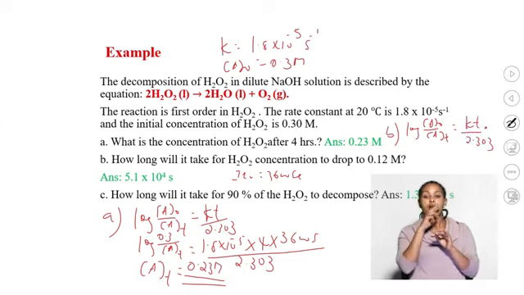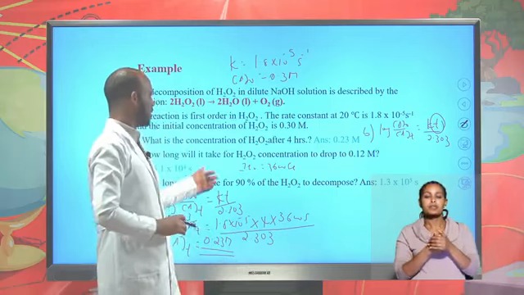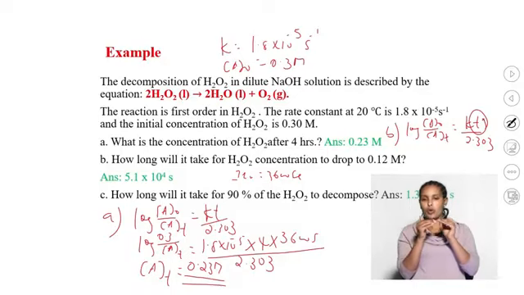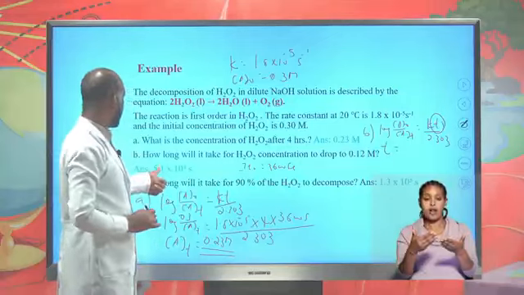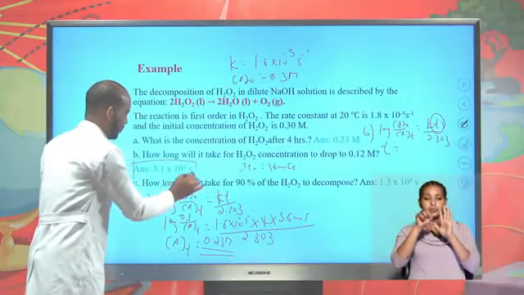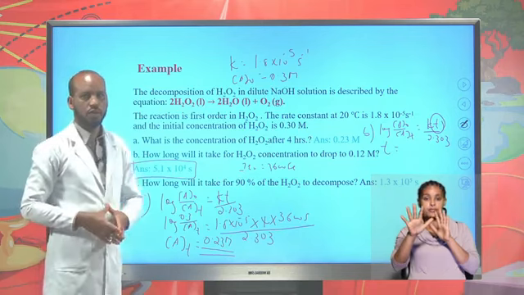You are asked to calculate time t. Substituting the given values into this equation, we get t equals 5.1 times 10 to the power of 4 seconds. This is your answer.